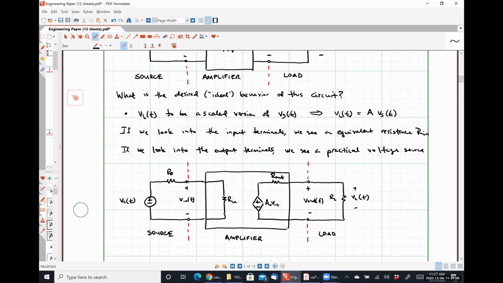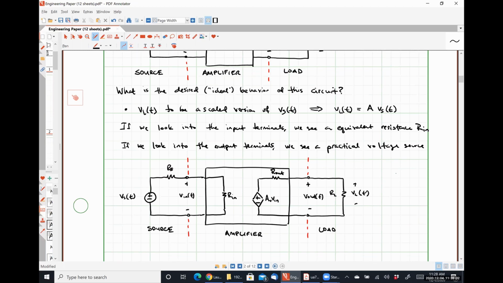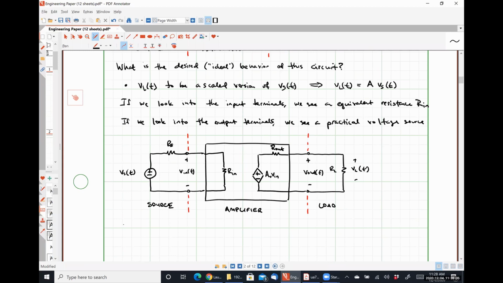What I've drawn here in the middle is what's known as the practical model of an amplifier, okay? Any amplifier can be broken down into a circuit like this, which is governed by 3 simple parameters, okay? So any amplifier can be characterized by 3 parameters.